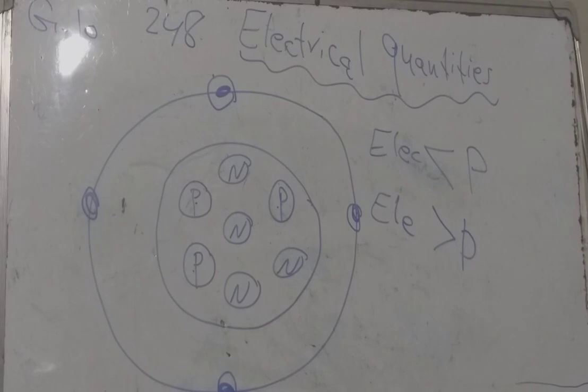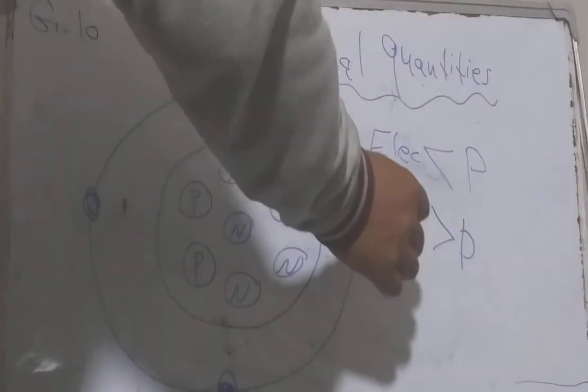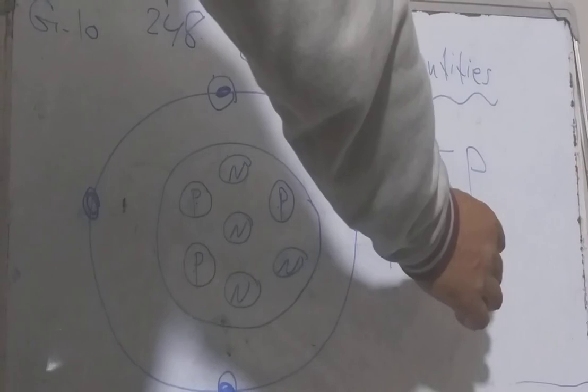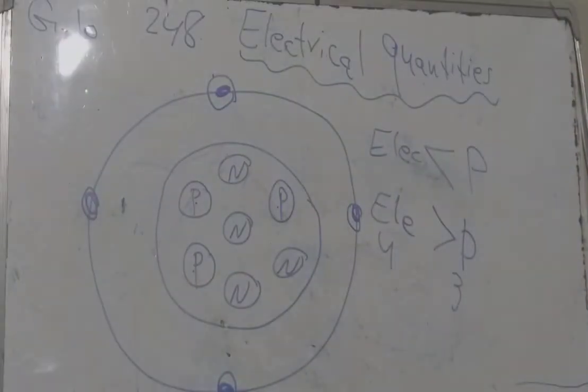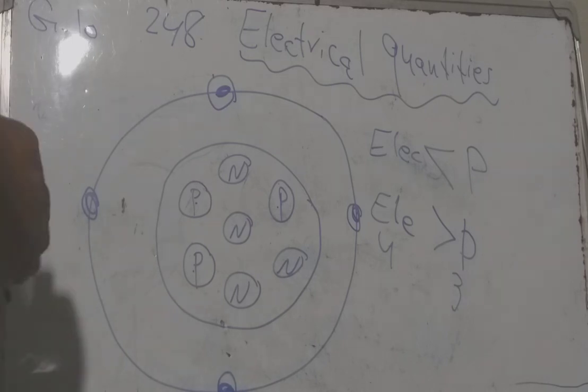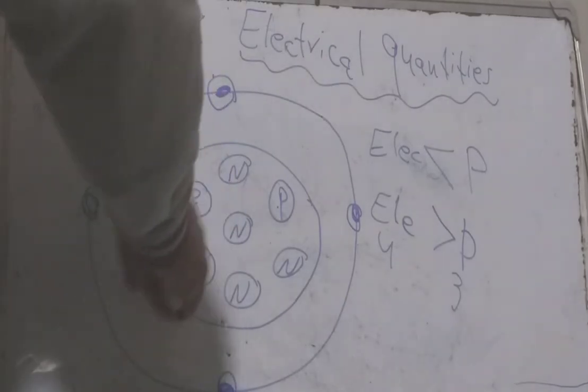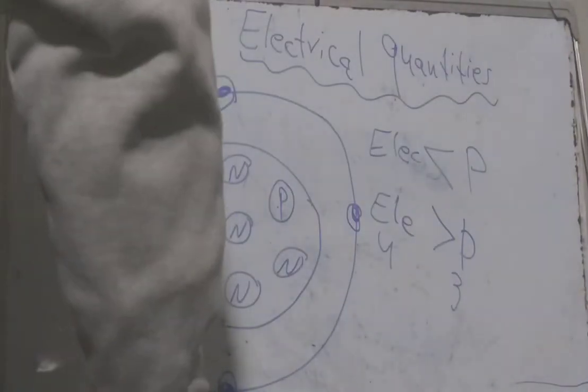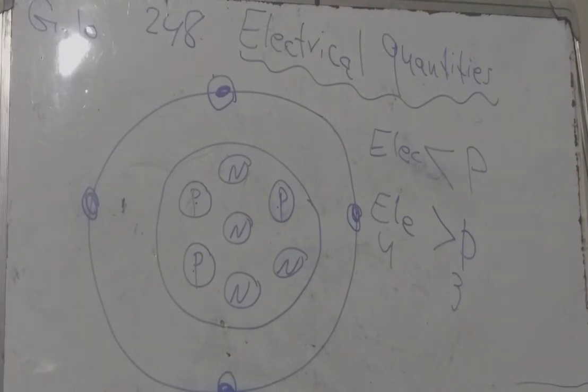The number of electrons is greater than the number of protons. There is an overall negative charge, so the atom's charge here is negative. If the number of electrons is less than protons, the charge is positive. Keep this rule in mind, please.